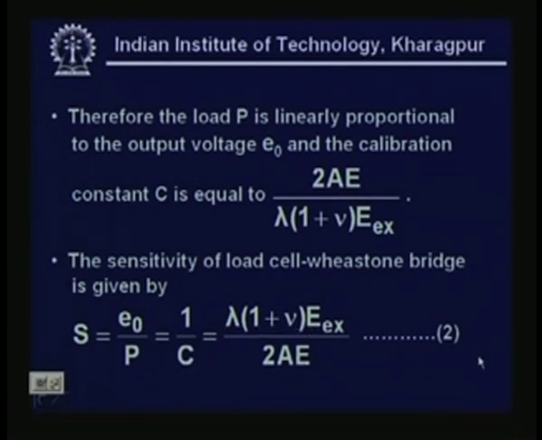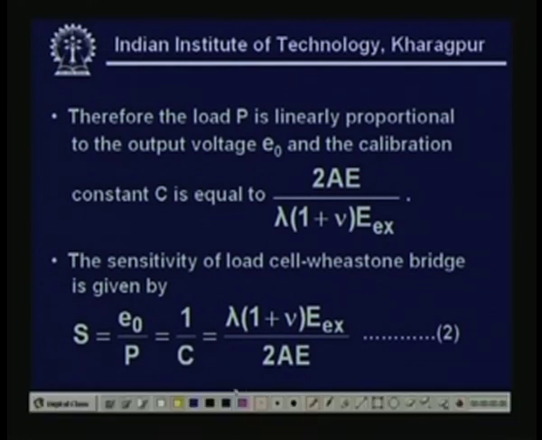Very important equations if I look at them. So, you see these are our equations. Now, one thing is very important: sensitivity can be increased by increasing lambda. Poisson's ratio does not matter much because it is very small, around 0.3 in the case of steel. The supply voltage we can increase, because if we increase the supply voltage, obviously our output voltage will also increase.